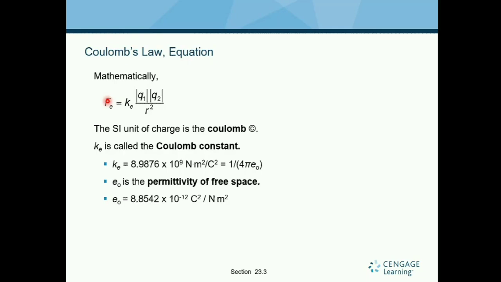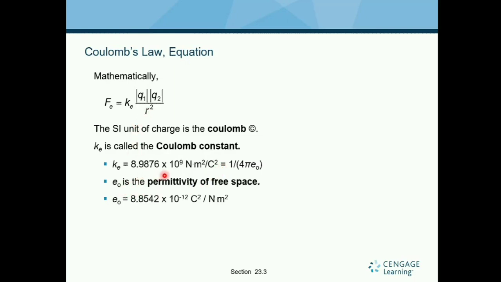Written in Coulomb's law mathematically, basically the force between two charges equals K, which is a proportionality constant, times Q1 times Q2, the charge of Q1 and the charge of Q2, divided by R squared. So this is inversely proportional to the square of the distance between these two charges. And for this constant K, there is a number: 8.9876 times 10 to the 9th newton meter squared per coulomb squared.